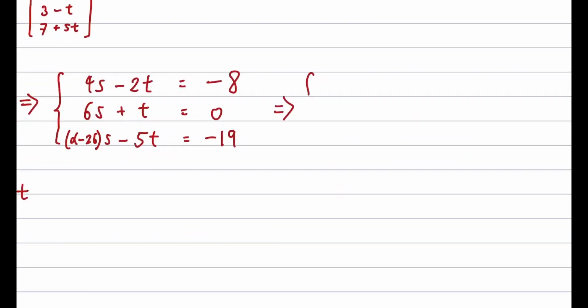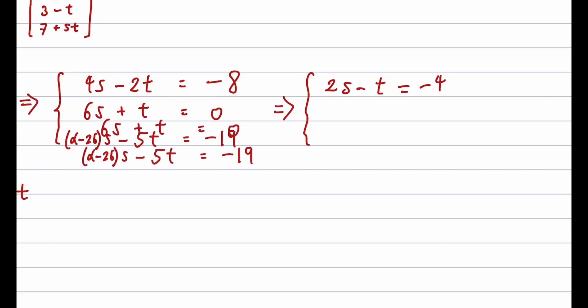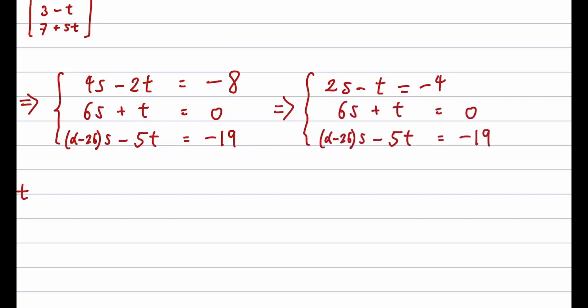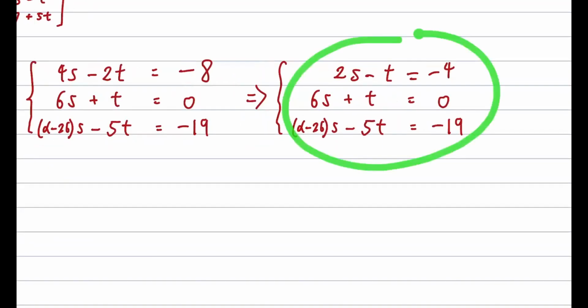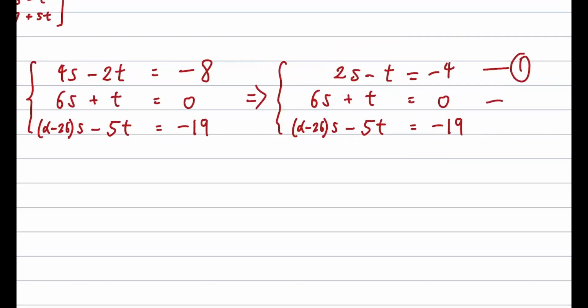Notice that the first equation, 4, 2, 8, I can simplify into 2 minus 1, then minus 4. The rest, I will copy and paste. Yes, I know it takes time to copy and paste, but I think it's worth it. It makes you less confused. Then finally, now that I have this updated system of equations, I call it 1, 2, and 3.